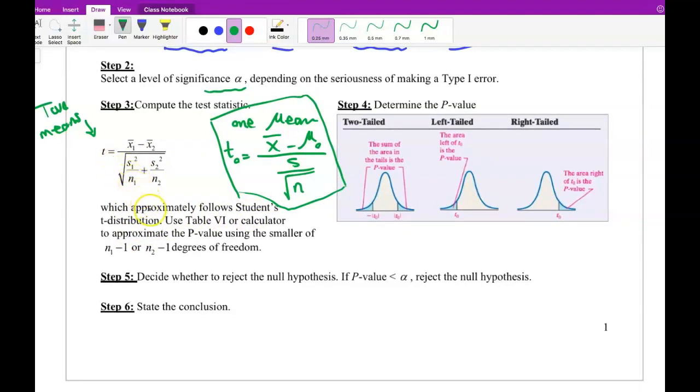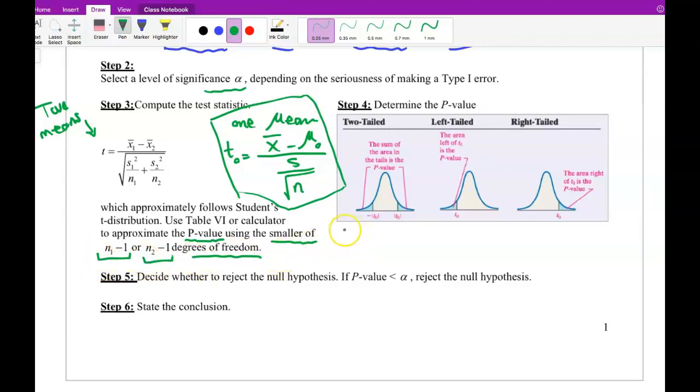This one is approximately a student t distribution. We can say it's the same as that one. To find that part, we can use a table or a calculator. It's better to use a calculator to approximate the p-value. And use the smaller of either this one or this one for degrees of freedom.